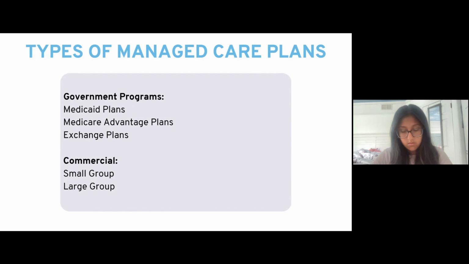And that's where Obamacare came in. It's also called the Affordable Care Act, which allowed certain people who didn't meet any of these conditions to go into a state exchange and apply for insurance. So that's called the exchange plan.